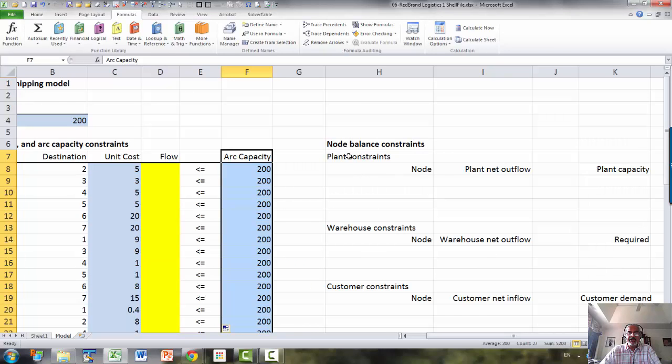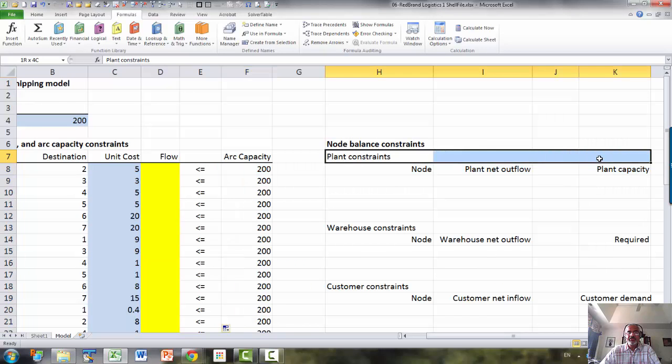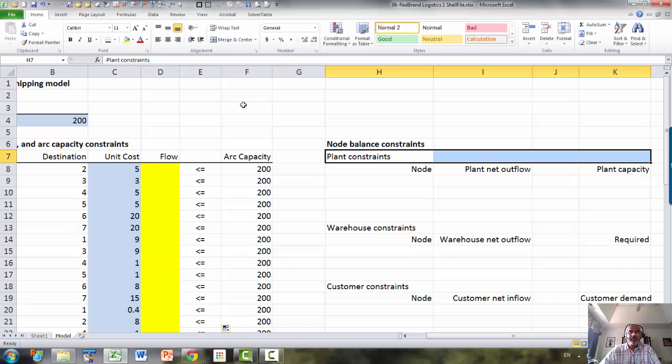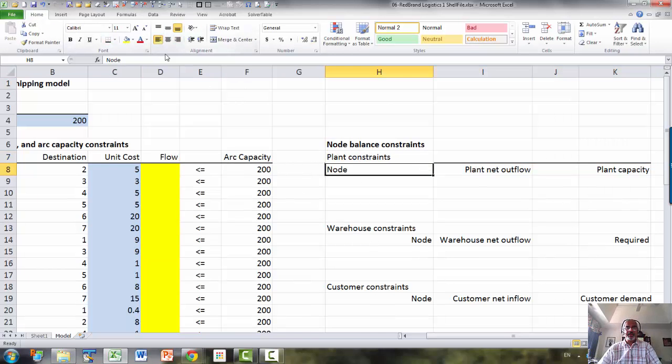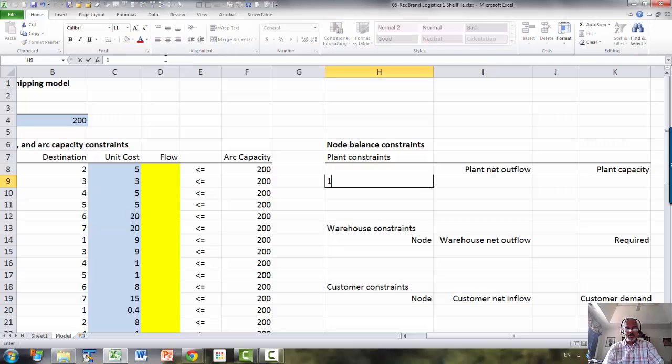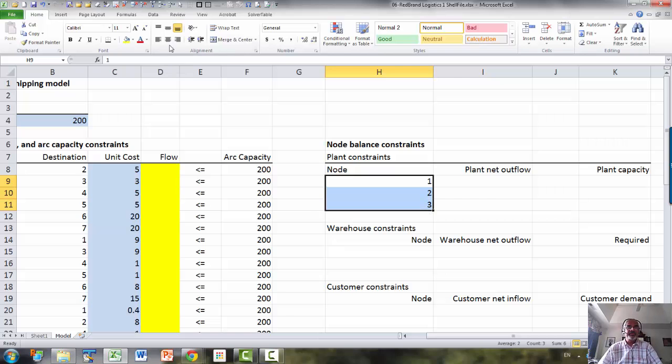Okay, now we need to set up the node balancing constraints. Unlike the transportation problem, where the transportation took place only in one direction, here transportations can come in and they can go out as well.